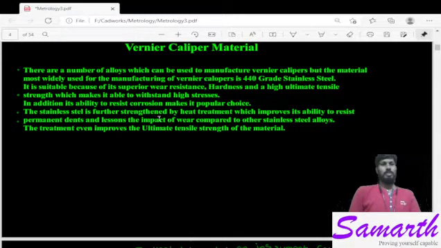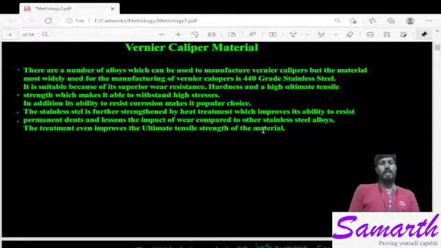Stainless steel is further strengthened by heat treatment, by which its ability to resist permanent dents and lessen the impact of wear, compared to other stainless steel alloys, increases. The treatment even improves the ultimate strength and tensile strength of the material.